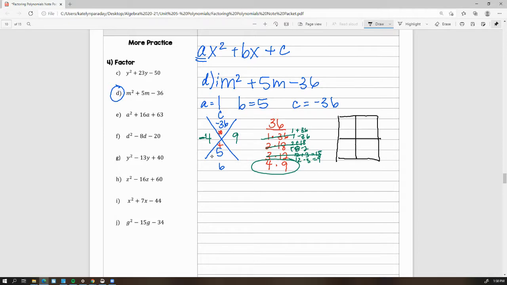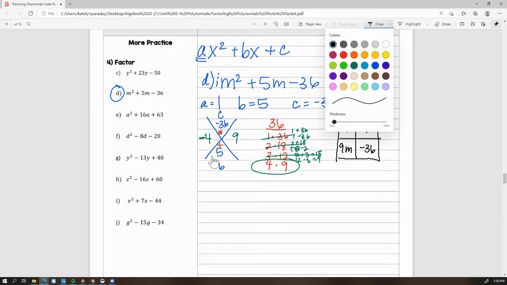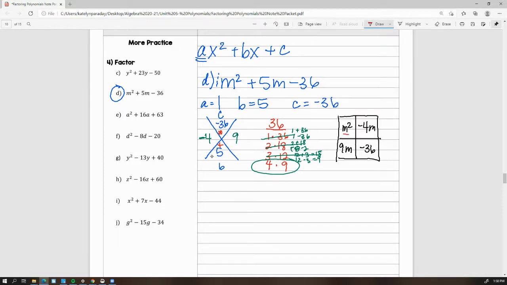All right, then we make our box and fill in what we know. This again is just a refresher from the other day. So m squared, negative 36. Then my factors go in these other boxes, negative 4m, 9m. And I'm going to take out what I can. Out of the top row, normally just an m. There might be a number in, and we're going to learn about that today. This one, I can divide both 9 and negative 36 by 9.